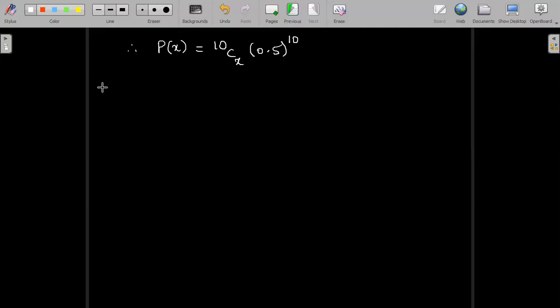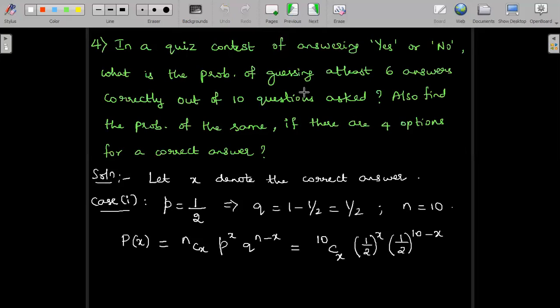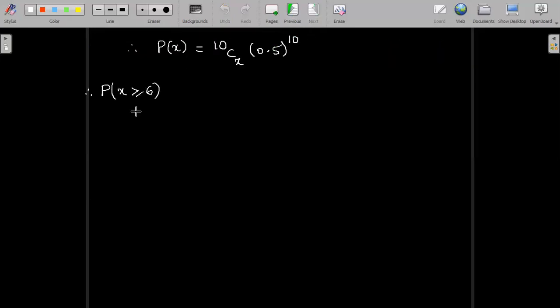Now, what is the aim to find out? Probability of X greater than or equal to 6. The question says that you have to answer at least 6 answers. Probability of guessing at least 6 answers has to be found out. At least 6 can be represented as greater than or equal to 6.